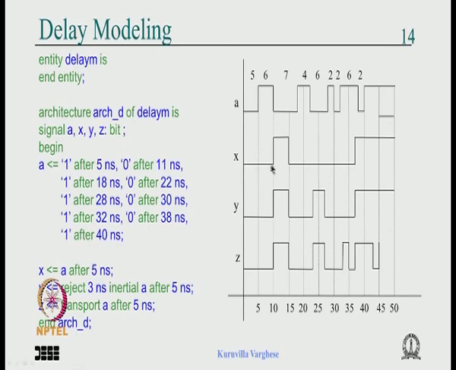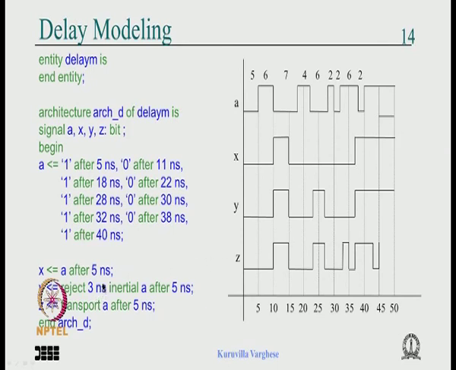So X is delayed by 5 nanosecond, but you see, because minimum pulse width requirement is 5 nanosecond, everything below 5 is rejected. This 4 goes, this 2 goes, and this 2 goes, and you get like this 6 pulse width and this 6 combined, because this goes, it gets merged with that and you get that.